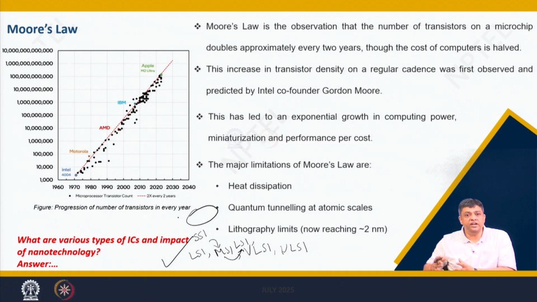LSI has a few hundreds to a few thousands, VLSI a few thousands to tens of thousands or maybe up to 100,000, and then ULSI has even higher, a few hundred thousands to millions of components constructed on the same chip.